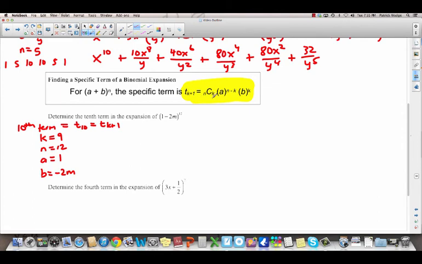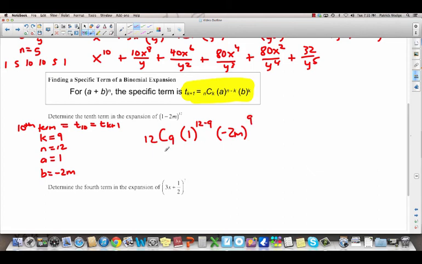So all we do now is plug everything in. How we get the term is we do n choose k. Well, n is 12. Choose k is 9. Our a value is 1, raised to the n minus k, 12 minus 9, times, in brackets, b, which is negative 2m, raised to the k power, which is 9.